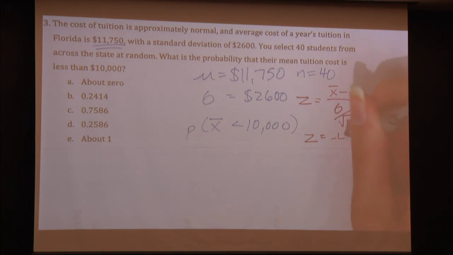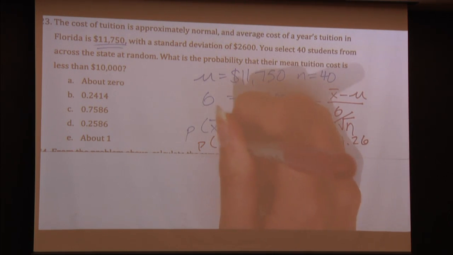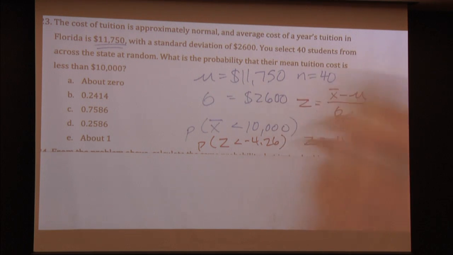Yes. So negative 4.26. We converted this to a z, so now we're looking at the probability that our z-score is less than negative 4.26. What is that probability, approximately, for this one?